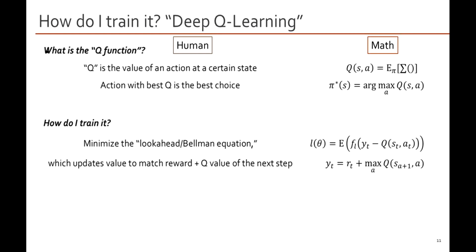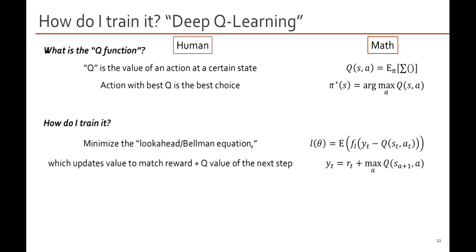So the idea is that the Q function defines the value of a certain action at a certain state. You can remember it from that actor-critic, where I can take the action that gives me the best Q at a certain state, and that should define our optimal policy. So this is the one function that we need to have in order to define our policy.